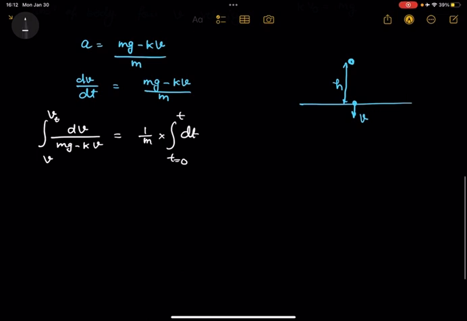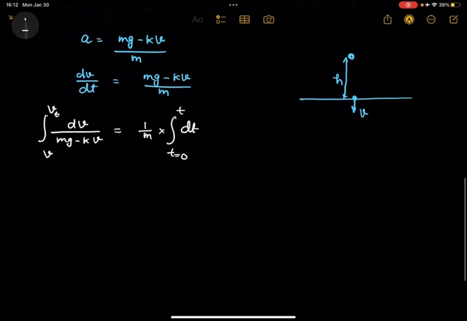So we get minus 1 by k ln of mg minus k vt divided by mg minus kv, is equal to t by m.